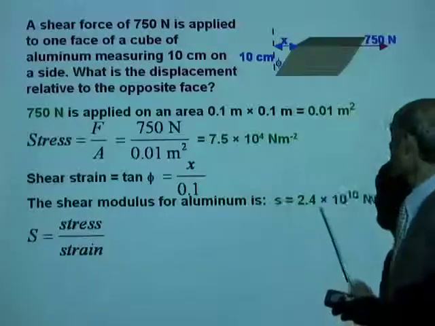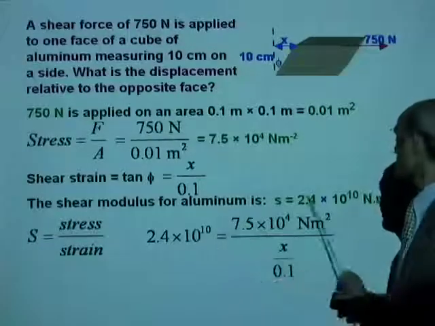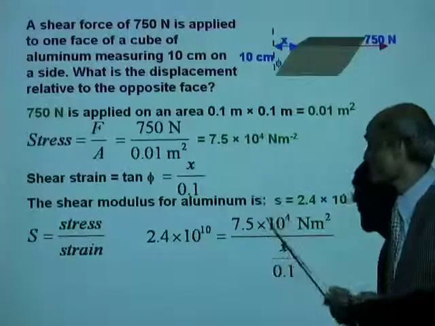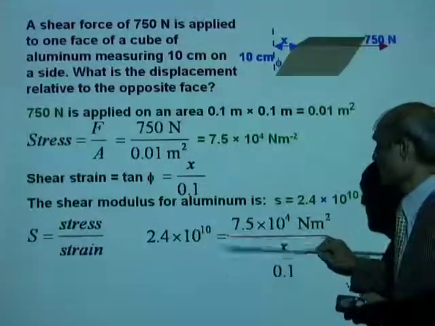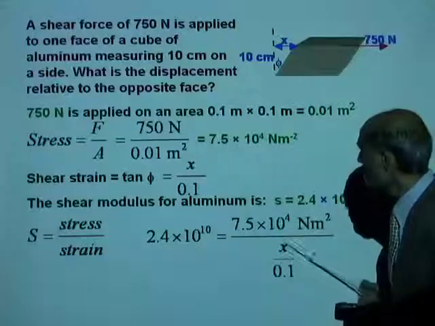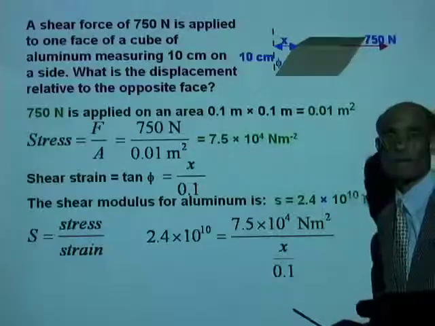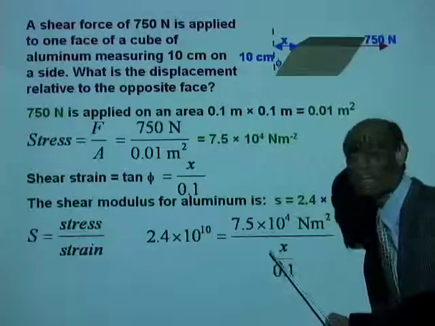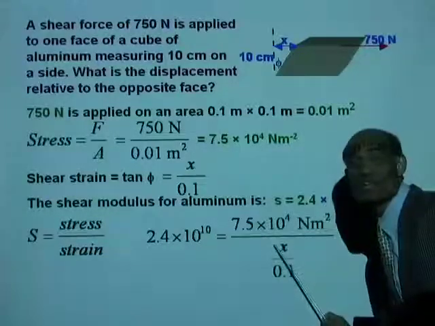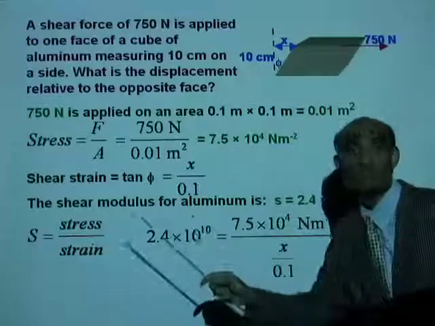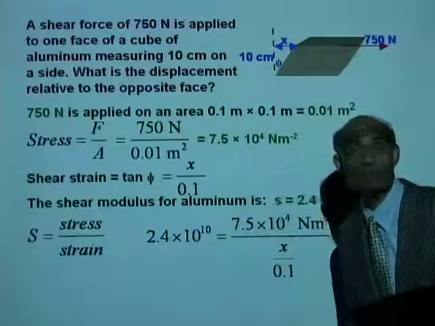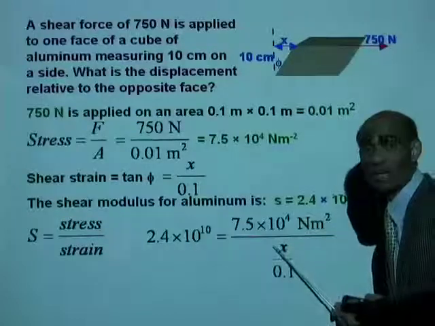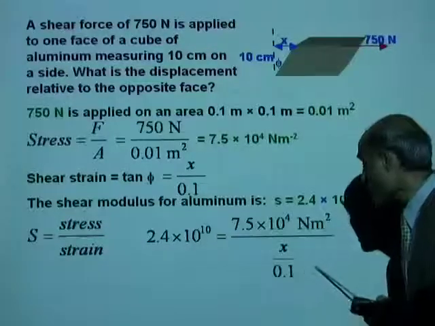That means 2.4 times 10 to the 10 equal to stress is 7.5 times 10 to the 4 divided by strain is x over 0.1. Okay, can you give me what x equal to in this case? If you understood the way we solved for delta L in the previous problem, you can tell me how to solve for x here. You can see this 0.1 will go up.